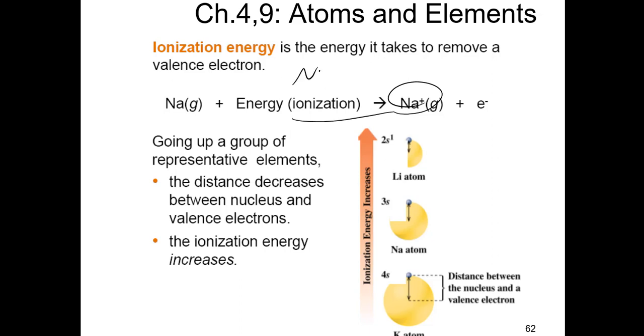Now, just using electron dot symbols to demonstrate this, here's my sodium. And then here's the sodium ion with the ripped off electron. You see the same thing in the example right below it. Some atoms are easier to ionize than other atoms.